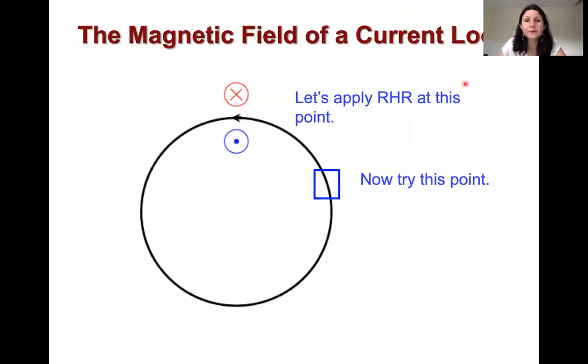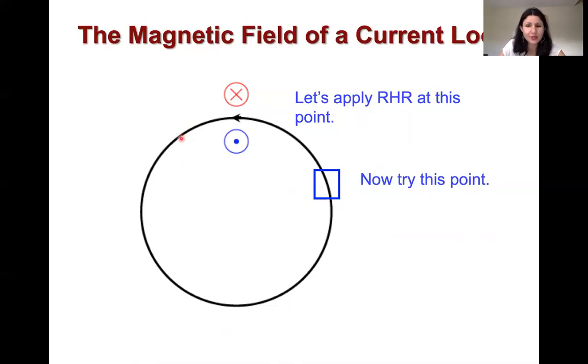Now, let's look at a slightly different system and apply our same right-hand rule. Instead of just a long, continuous straight wire, imagine now we have current which is going in a circle. So this is not magnetic field lines anymore. This is a wire now.